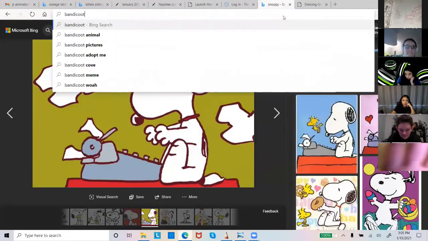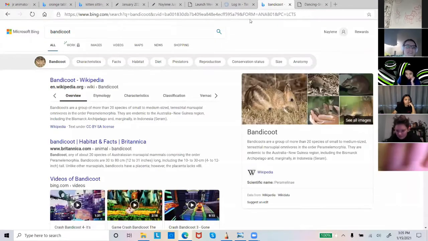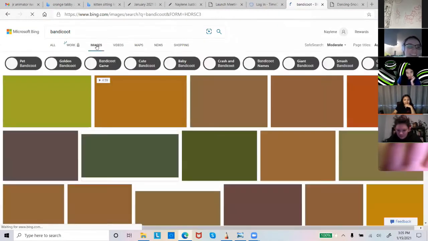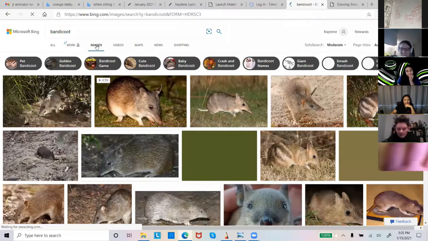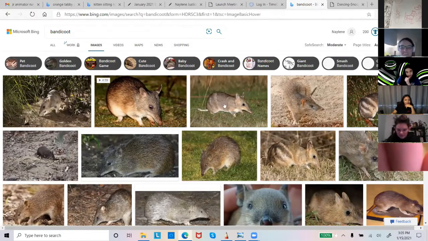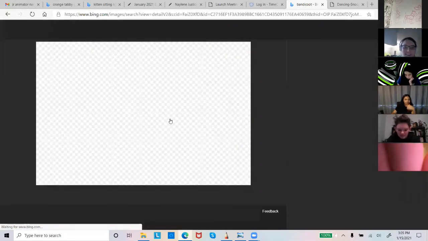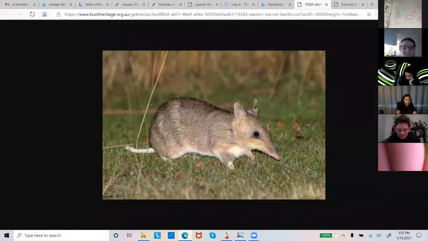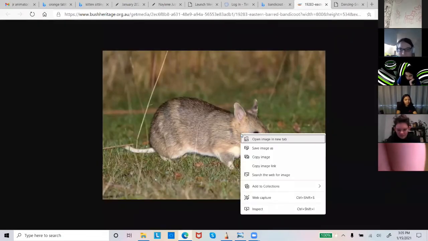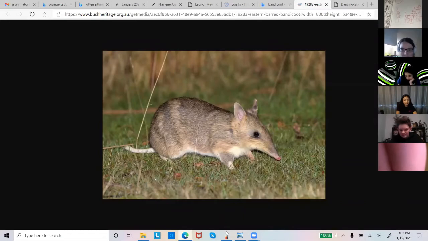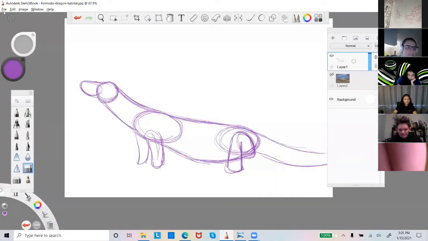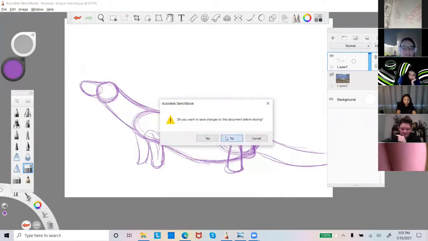You might get a video game character. I know, I was thinking we're probably just going to get Crash. But let's see. This one looks good. Sometimes it's hard to find good reference pictures online. No, I don't see.